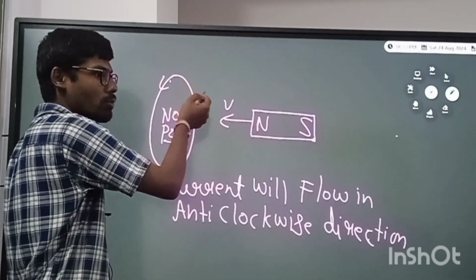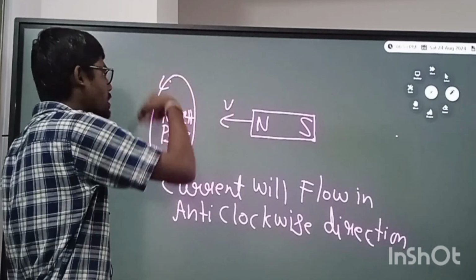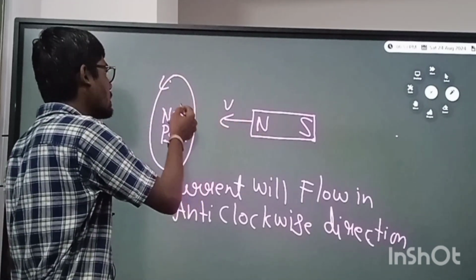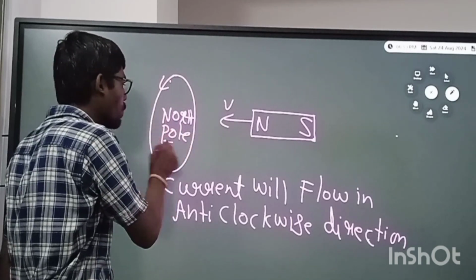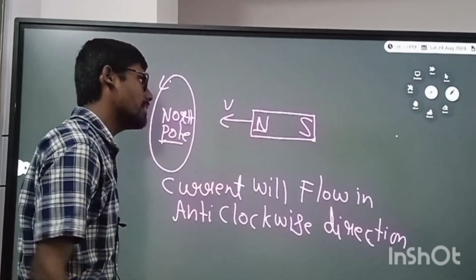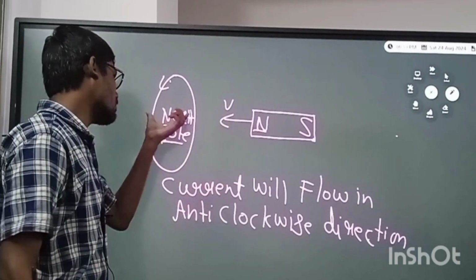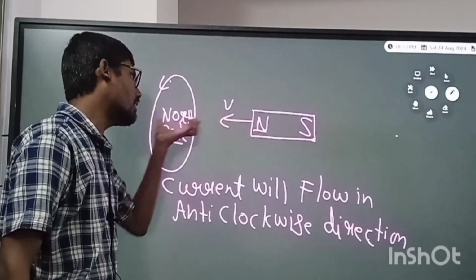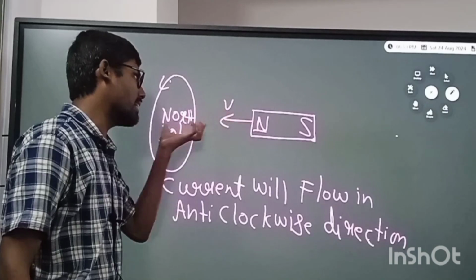So this induced current will flow in such a direction that it will oppose the increasing magnetic flux. This side will behave as north pole, and the two north poles repel each other. So this coil will oppose, or repel, the incoming magnet.